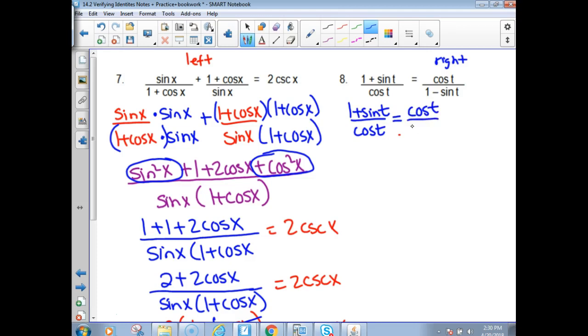Yes? Theta is a letter. Theta is just a Greek letter. I was asked if you can be writing theta here instead of t.